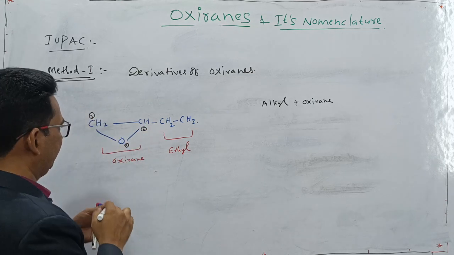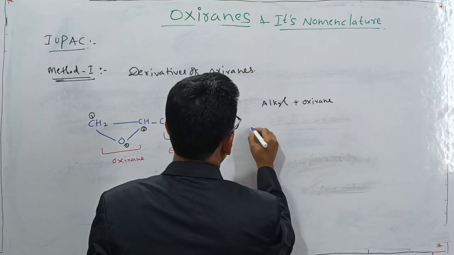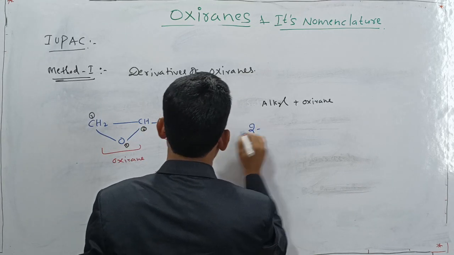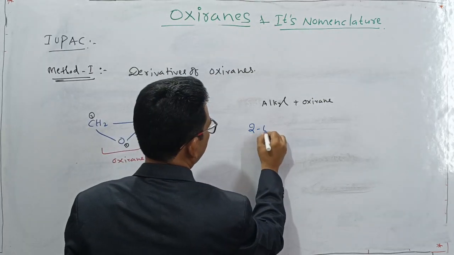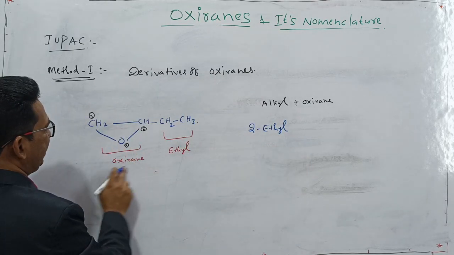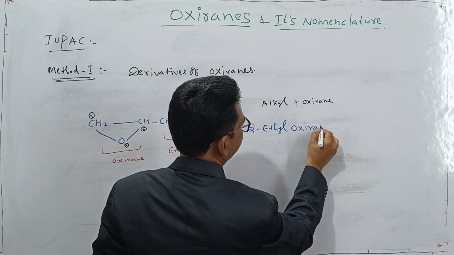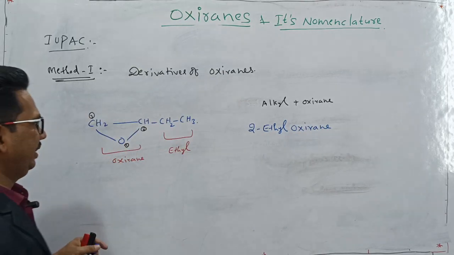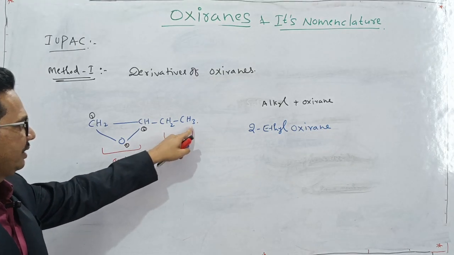Now this is 3rd. Now I will write the name for this one. 2. What is present here? Substituent ethyl. 2-ethyl. What is the basic name? Oxirane. 2-ethyl oxirane. If a propyl group is there, it means 2-propyl oxirane.